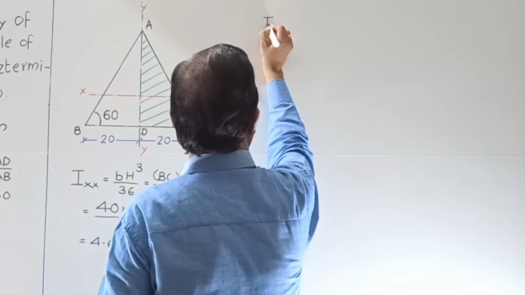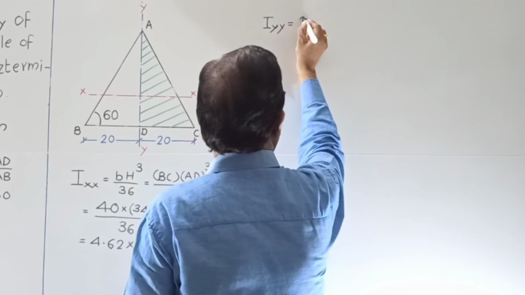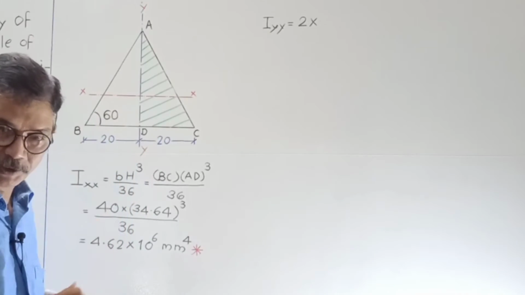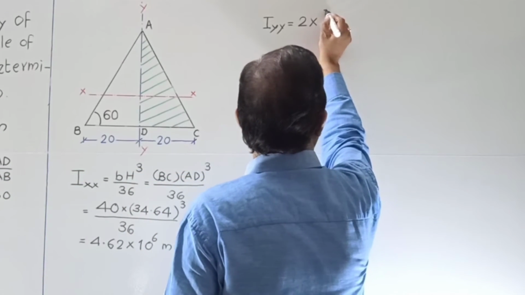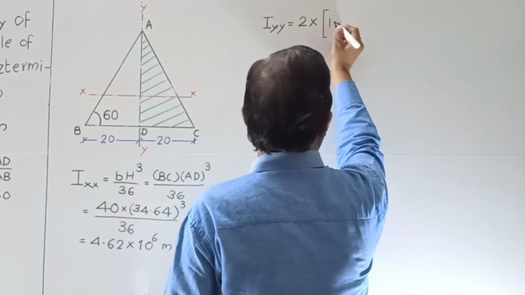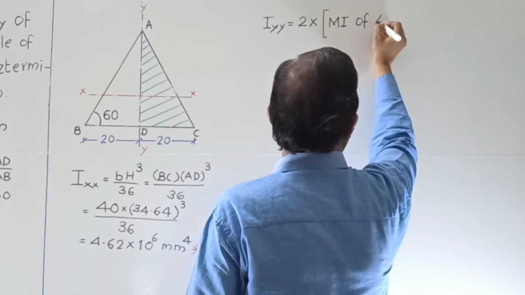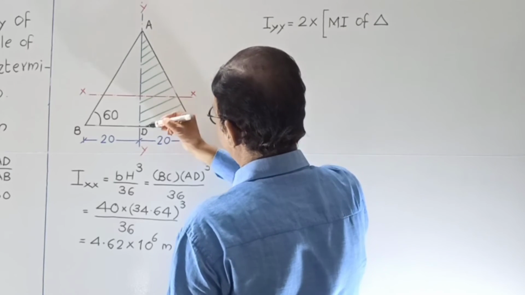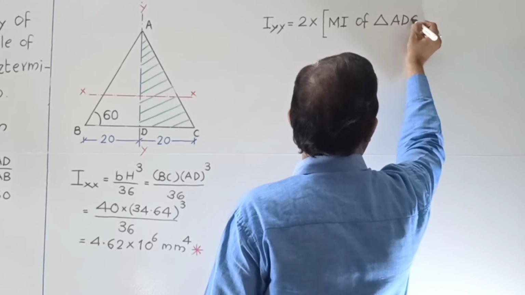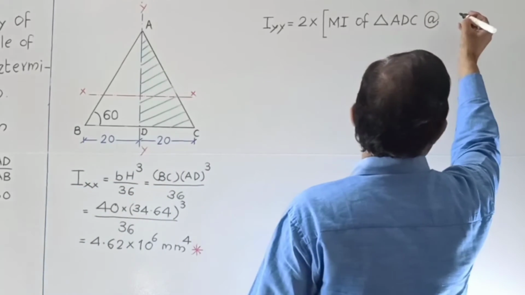Therefore, look here, I will write it. Iyy is equal to 2 into bracket. Why 2 into bracket? 2 times, because this is a mirror image. 2 times the moment of inertia of triangle ADC about the vertical side AD.